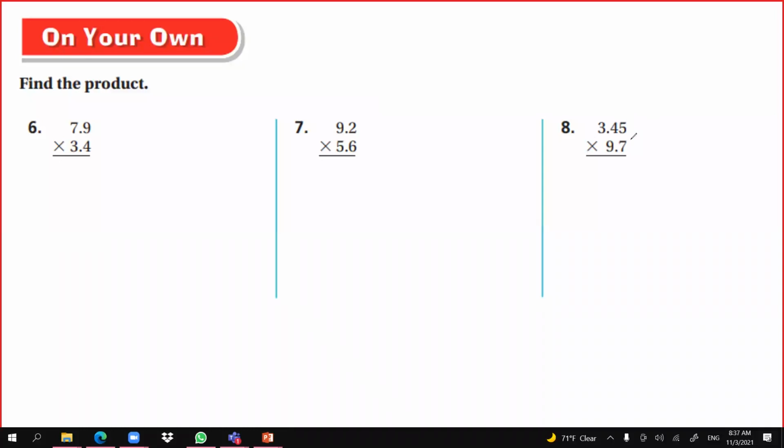Now I want you to solve number 8. 3.45 times 9.7. What do you have to do first? Yeah, you have to multiply them as whole numbers. Yeah, 7 by 5.